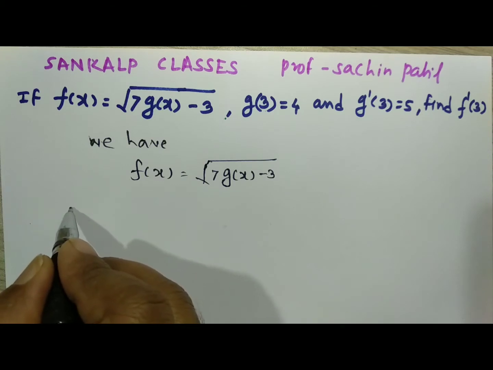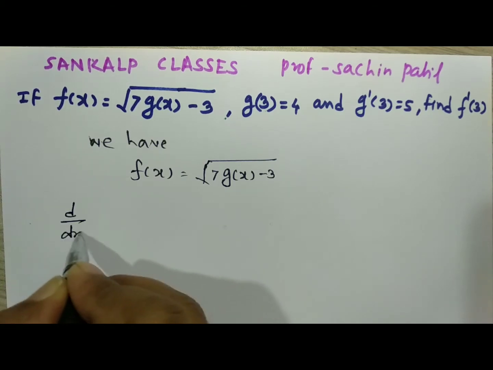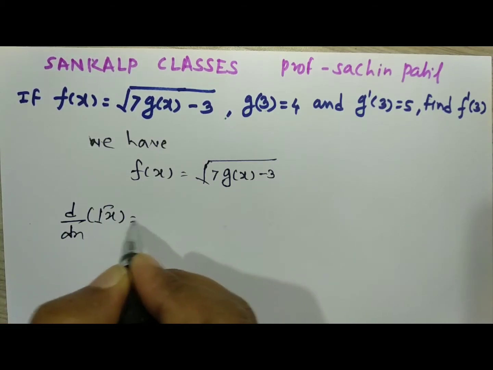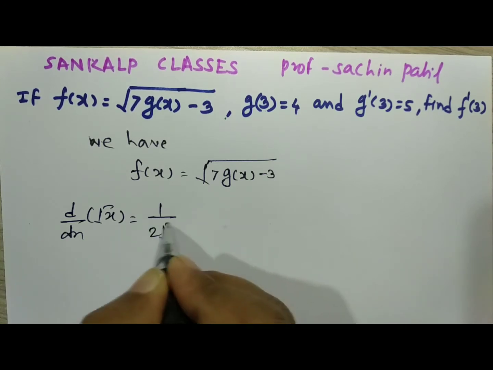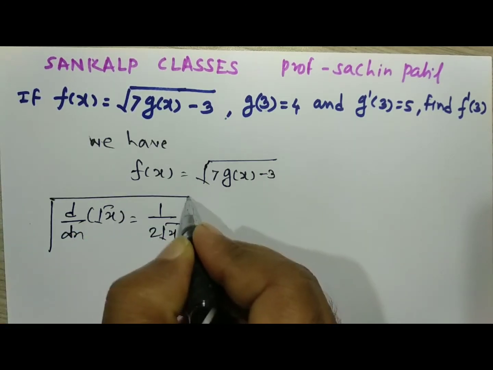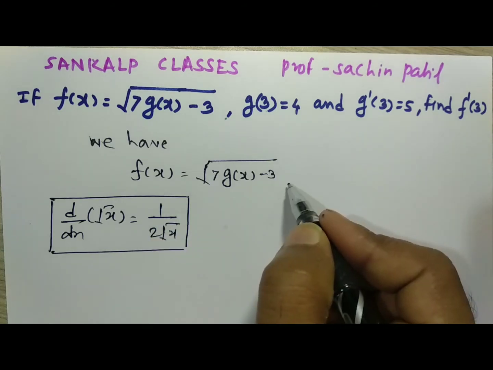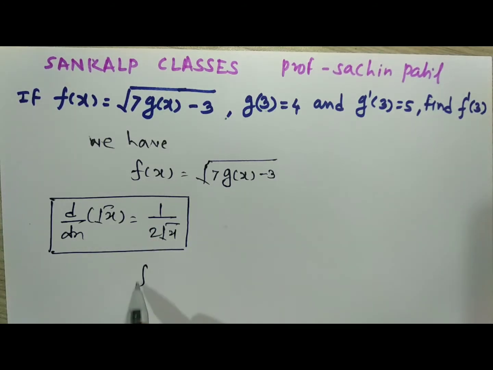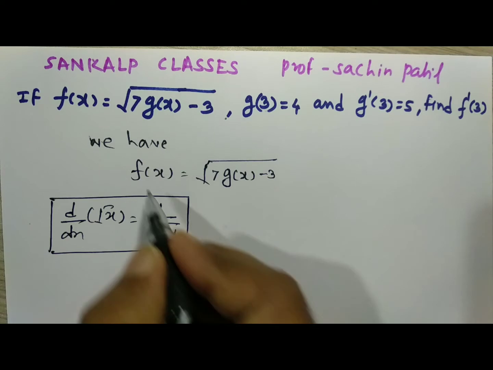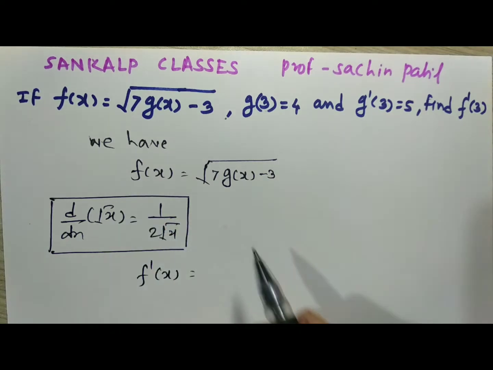We know that the standard derivative d dx of root of x is equal to 1 divided by 2 root x. This formula is used inside this composite function, and you will get f dash x, which is nothing but the derivative of f of x with respect to x.